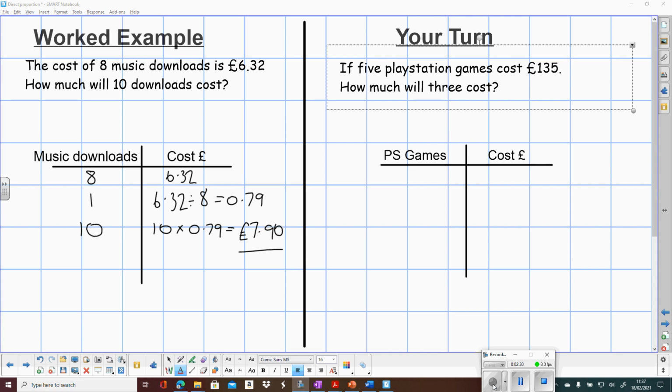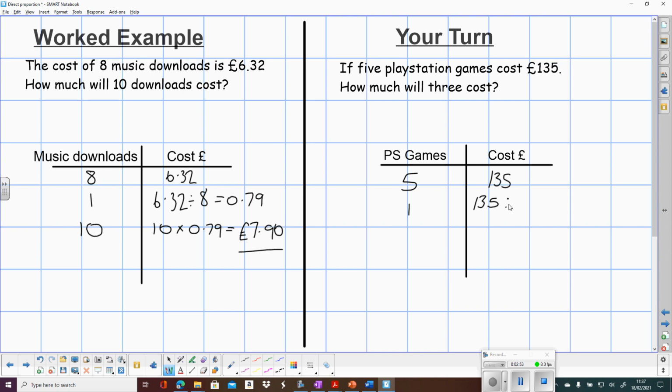So I hope you all managed that, and we'll just work it out again. We'll use our proportion table. We know that 5 PlayStation games is £135. So one PlayStation game is 135 divided by 5.